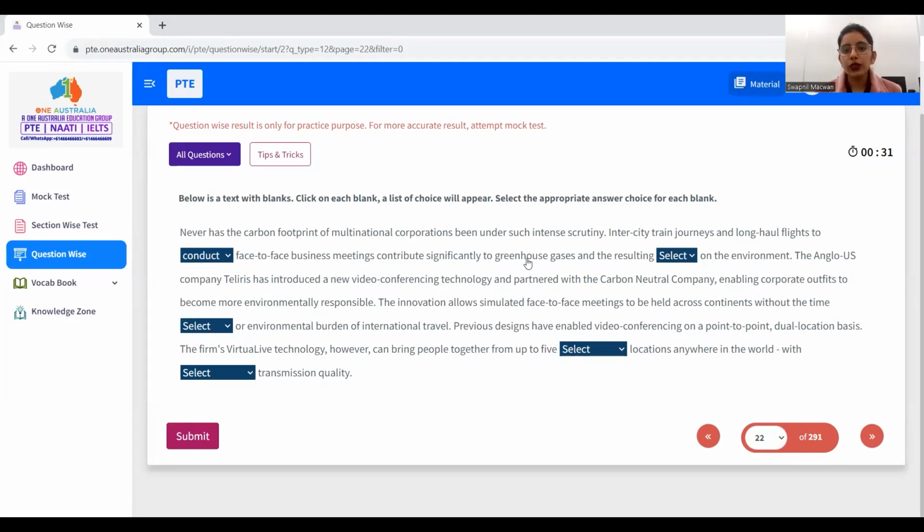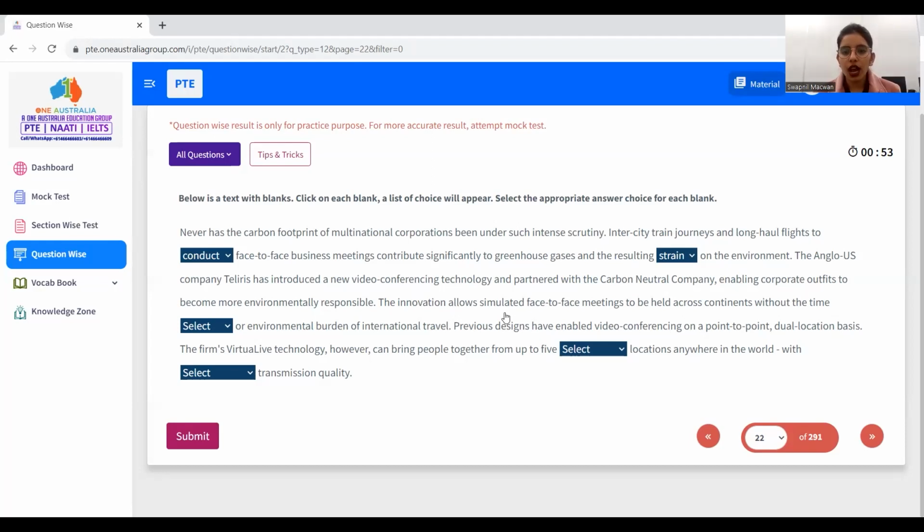They contribute significantly to greenhouse gases and the resulting dash on the environment. The greenhouse gases are having an impact on the environment, so the word related to impact is strain.